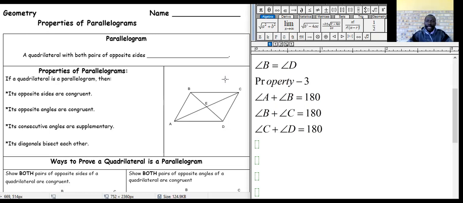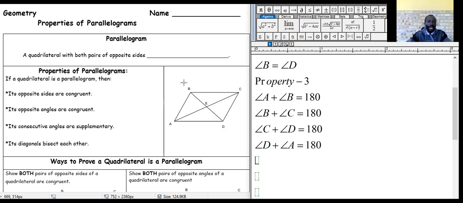Then finally, D and A, or A and D. Since we are moving in that clockwise direction, we are going to have D and A. So we say the angle at D added to the angle at A must give us 180 degrees.